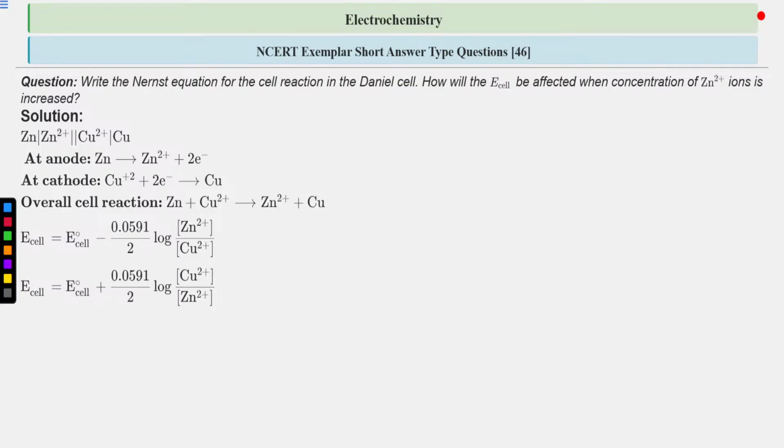What we have done? We reversed these, so we have log of zinc by copper 2 plus. Let's suppose this is log of x by y, where x is zinc and y is copper. Now if I write it as log of y by x, the value will change, right?